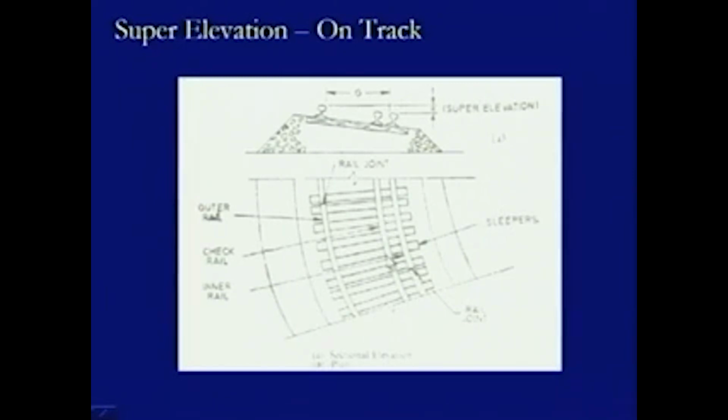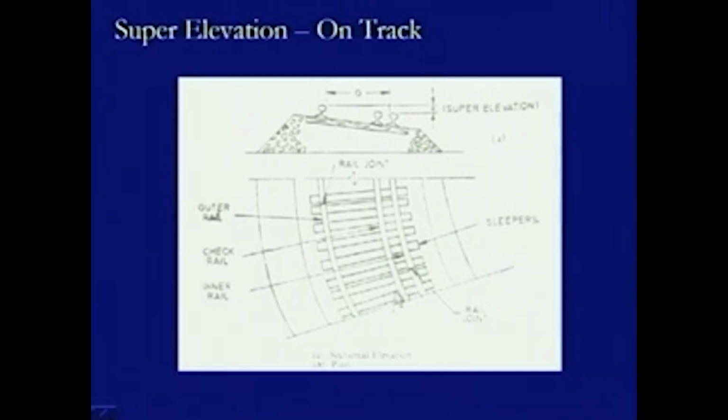This is how it maintains safety, otherwise there will be derailment of the wheel at this location, whereas there will be overturning, or the overriding of the wheel, on this side. So, these two phenomena which could have been induced will be eliminated as soon as the check rail is provided at this location.